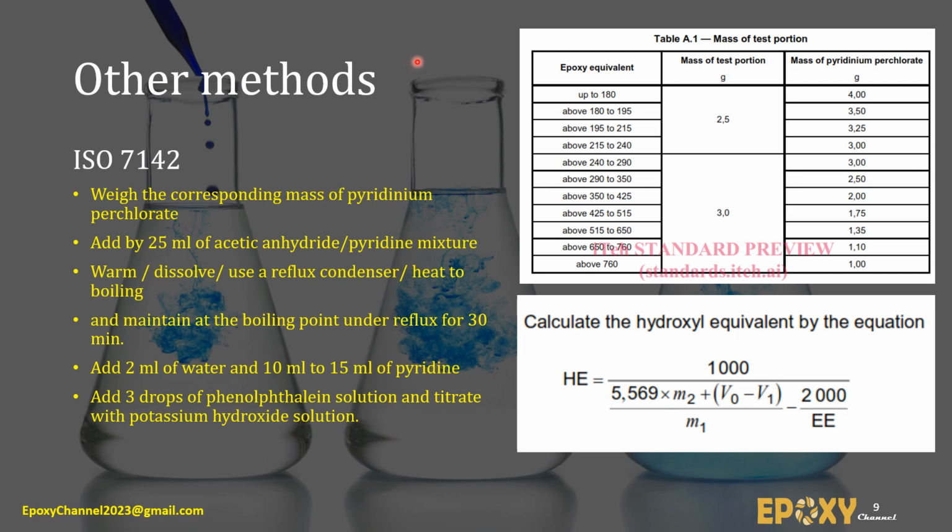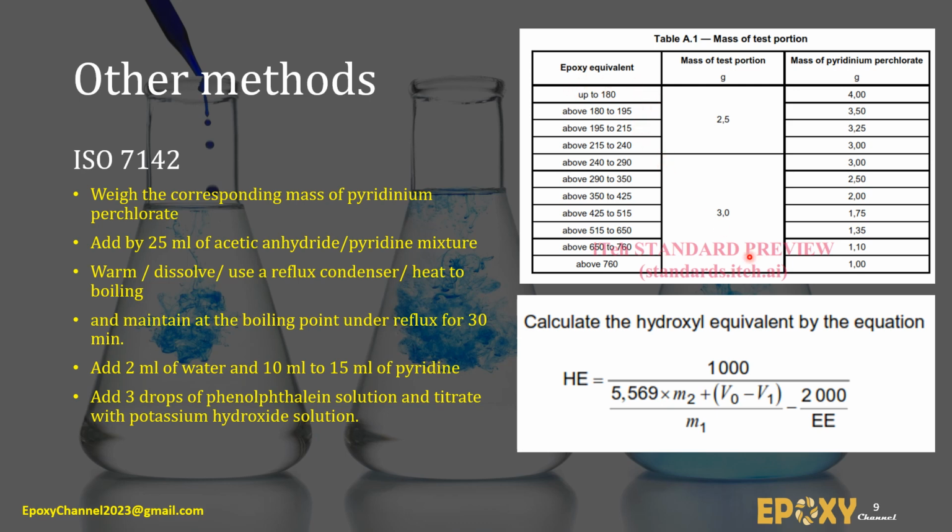The other method to measure the hydroxyl value of an epoxy resin is based on ISO 7142, which is recommended by the ISO standard as well. In this method, we have to prepare a solution of pyridinium perchlorate, and we need some grams of sample, and we should have an estimation of the epoxy equivalent of the resin.